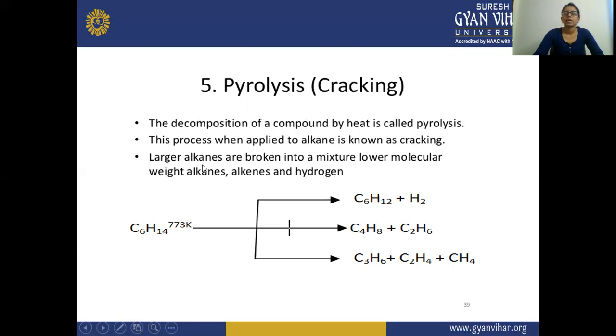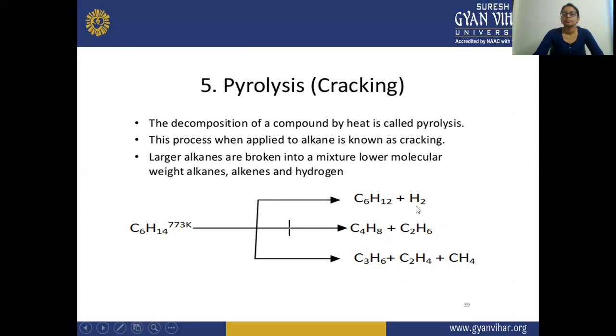In this case, larger alkanes are broken into a mixture of lower molecular weight alkanes, alkenes and hydrogen. Here you can see this is C6H14, hexane. It reacts at 773 Kelvin, and you will see there is a formation of alkanes, alkenes and hydrogen.